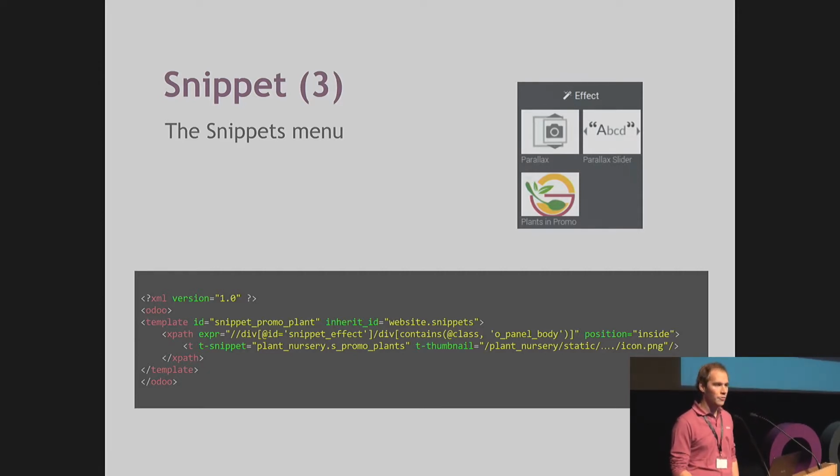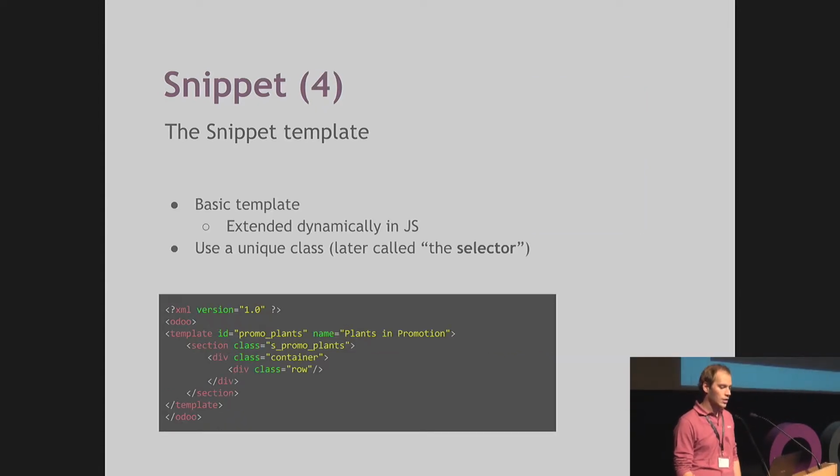And you will have to define what it does when you drag and drop it. So first of all, we define a basic static template, which will be modified in the JavaScript, which is dynamic. So you just create a basic template. What is important is that you need to use a unique class name.